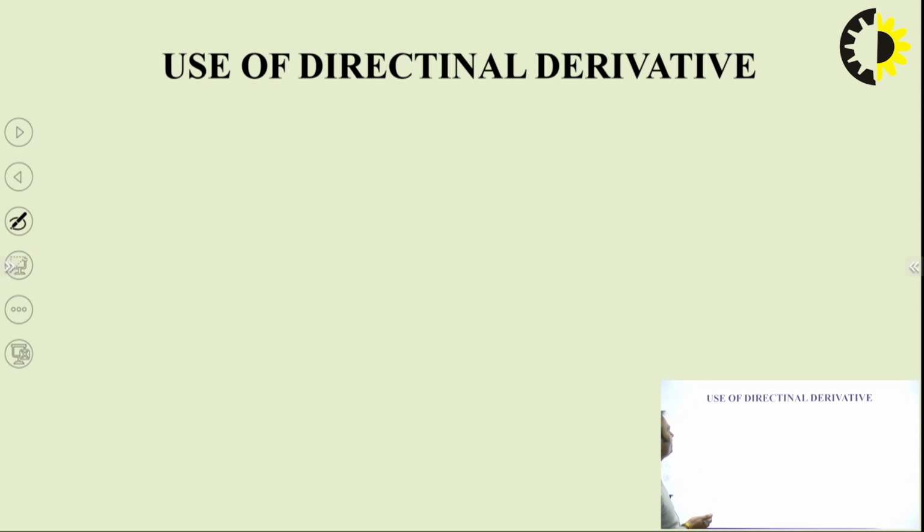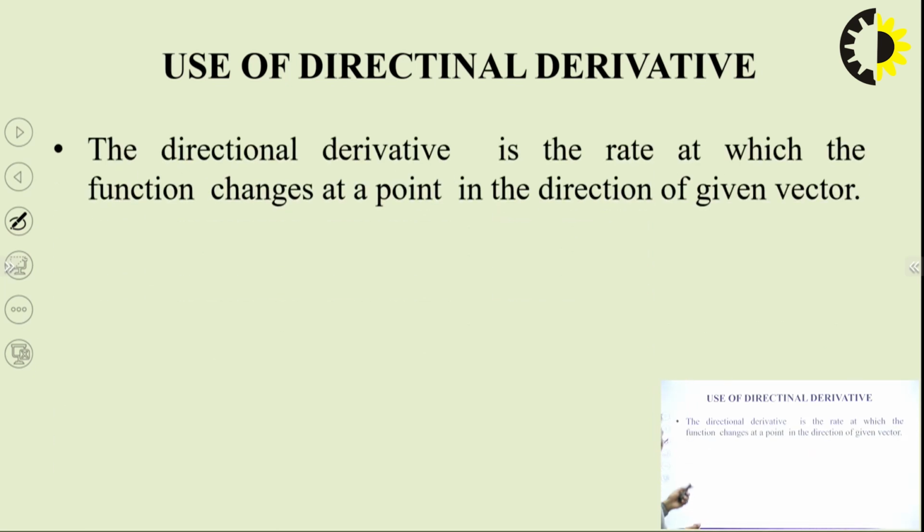So where do we use the directional derivative? Yes, the directional derivative is the rate at which the function changes at a point in the direction of the given vector. So it can calculate the changes of the vector function at any point in the direction of the given vector.